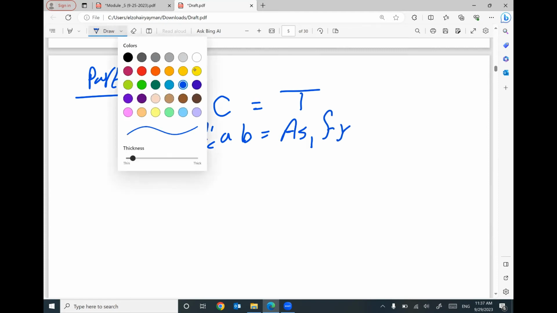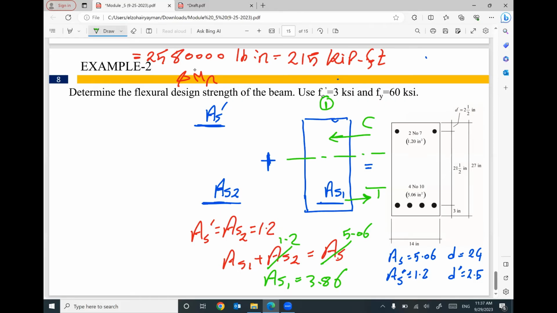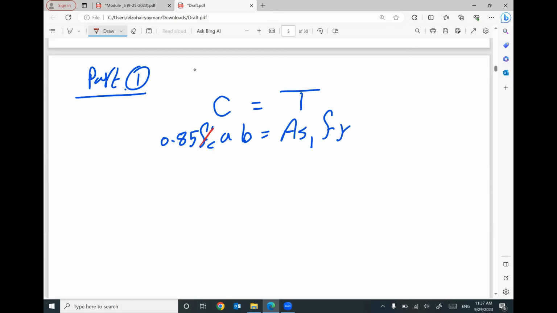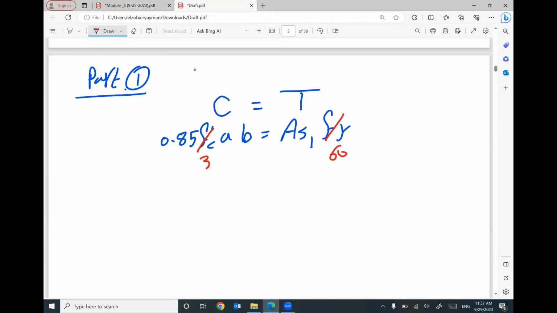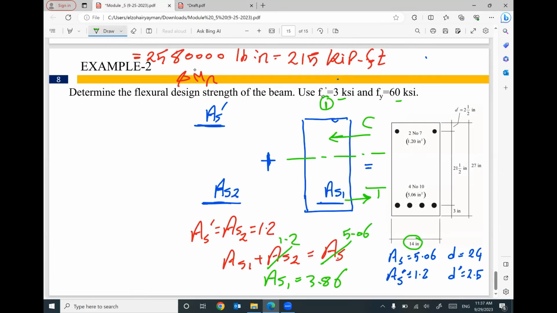Go ahead and put your numbers. We have F prime C equal 3, F yield equal 60. So this one is 3, this one is 60. The width of your cross section is 14. The only unknown is A, and your area steel 1 equals 3.86.